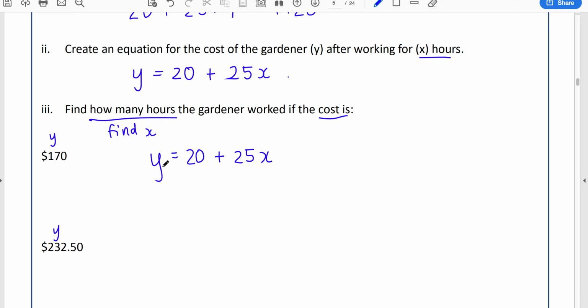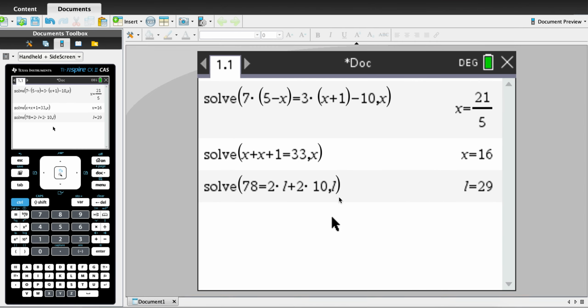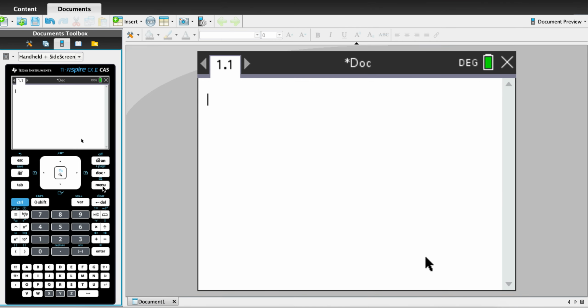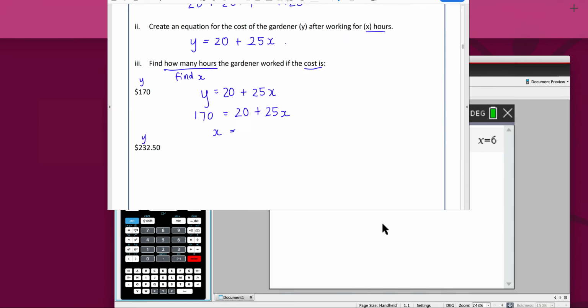Y is 170, so I'm going to substitute Y is 170, replacing Y. And I need to know what value of X is going to give me 170 as the cost. So I might just delete these so they're out of the way. Menu 3.1, and I had 170, and that was equal to 20 plus 25X, and then I'm going to put comma X. And then we have it, 6 hours.